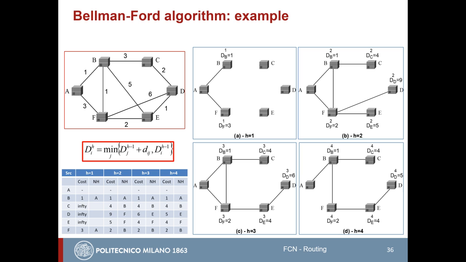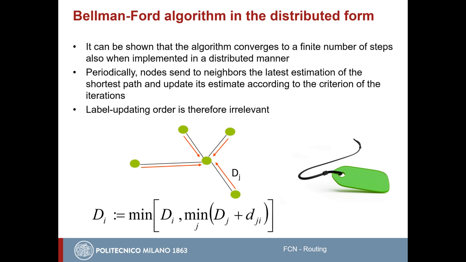So this is basically the implementation of the Bellman-Ford algorithm in a centralized way, because here you can see that there is a table where you are noting iteration by iteration the state of all the nodes, and we are acting in this case as a supervisor which is able to know the situation of the network in a complete way.